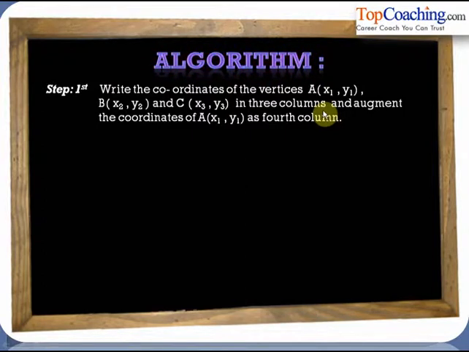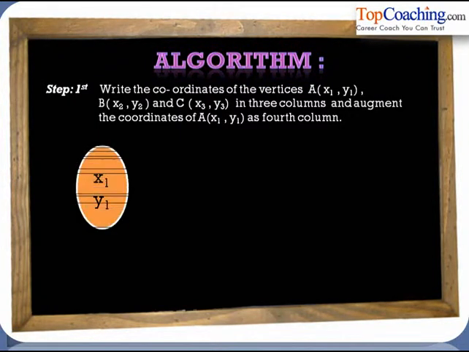So what we do in the first step is we draw 4 columns. In the first column we write the coordinates of vertex A. In the second column we write the coordinates of vertex B, and in the third column we write the coordinates of vertex C, and in the fourth column we again write the coordinates of vertex A. So let us say that this is the first column in which we write the coordinates of vertex A, x1, y1.